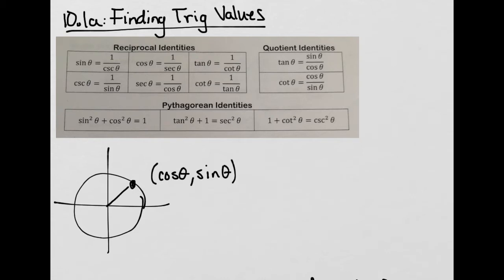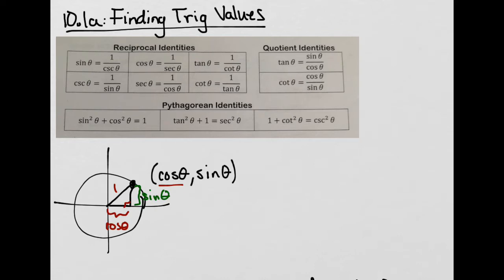If we were to draw a right triangle, we know that the hypotenuse is 1 because that's the unit circle's radius. This x coordinate is cosine, so that means this length right here is cosine. And the y coordinate is sine, so the height we could say is sine.